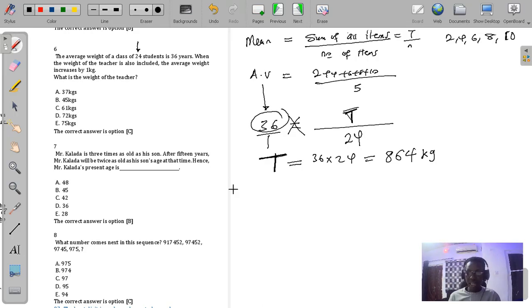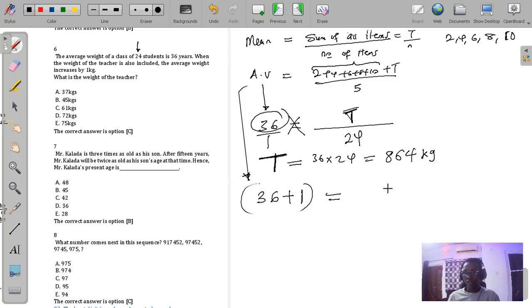So if the teacher is included, the average weight, which is 36, increased by 1 kg. So I'll add 1 to the average. Now, remember that we are going to add all these things together, including the teacher itself.